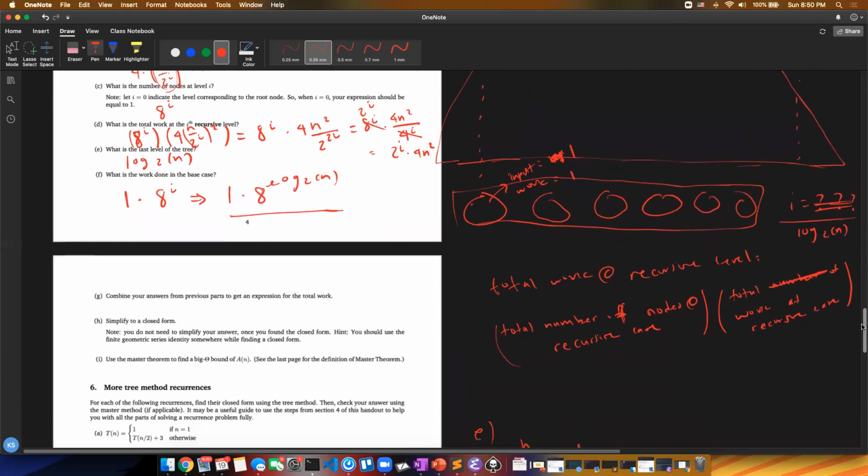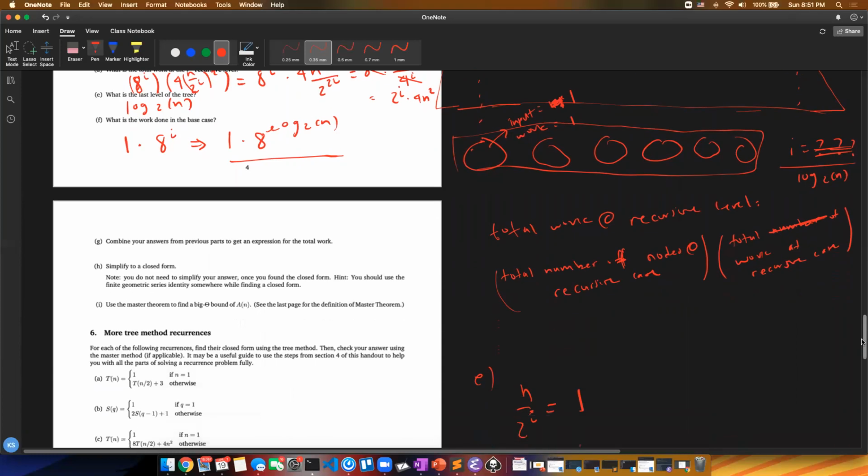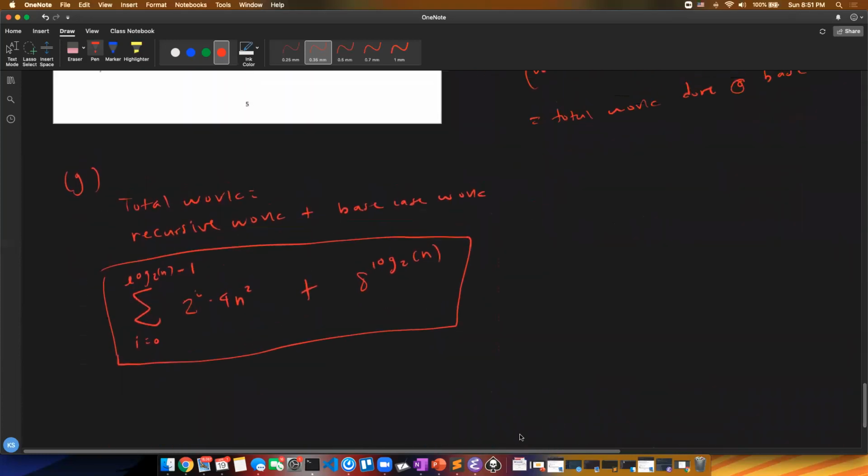And so G, H, and I are basically about solving this summation so that you get some kind of closed form. As a reminder, informally, you can think of closed form as using all the summation rules that we have learned in class to get rid of the summation, and we'll get some kind of function.